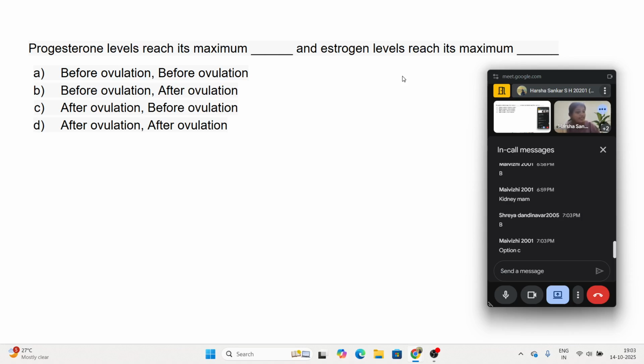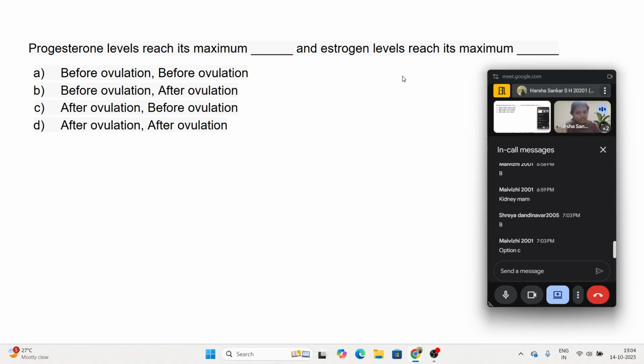If the egg has mated with a sperm, then the amount of progesterone will increase, so it will definitely increase after ovulation. So its amount peaks after ovulation, and estrogen peaks before ovulation. That's why ovulation is happening itself. So the correct answer is option C.